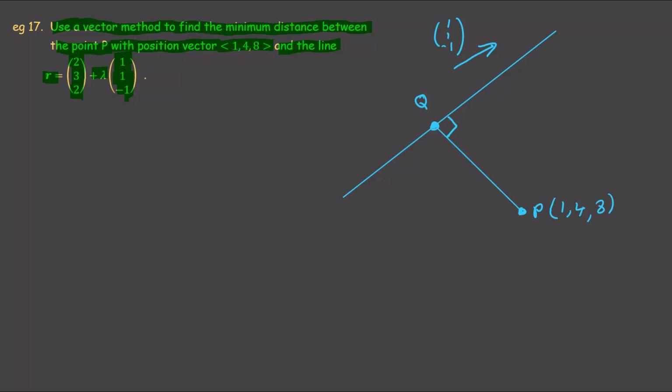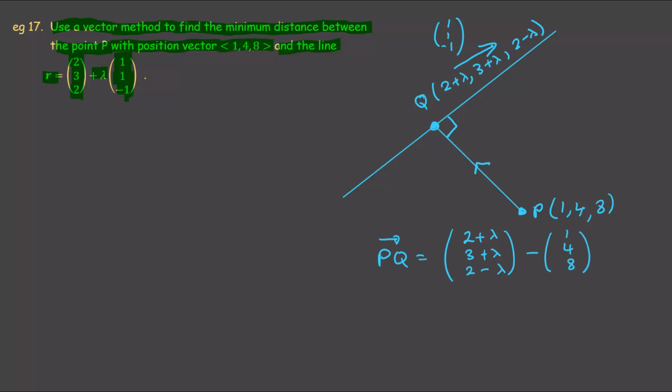Now Q has coordinates, for some value of lambda, 2 plus lambda, 3 plus lambda, and 2 take away lambda. So let's think about the vector PQ. So PQ is going to be (2 plus lambda, 3 plus lambda, 2 take away lambda) take away (1, 4, 8).